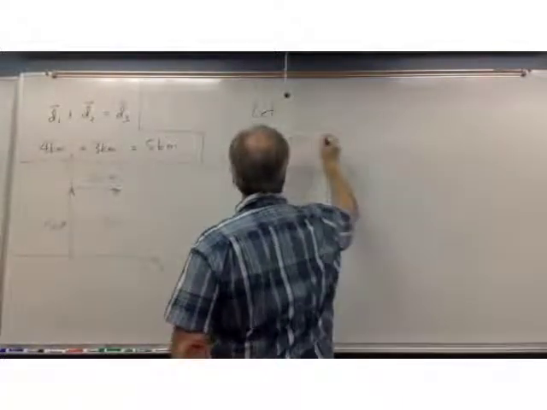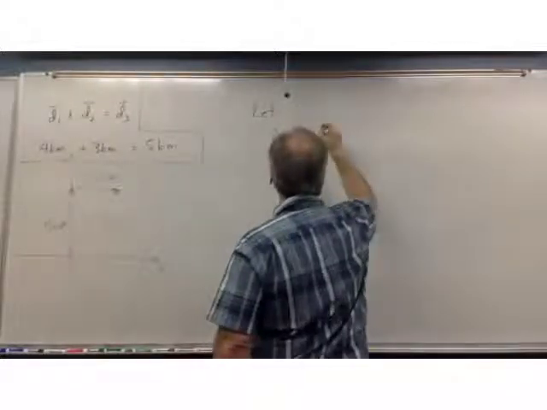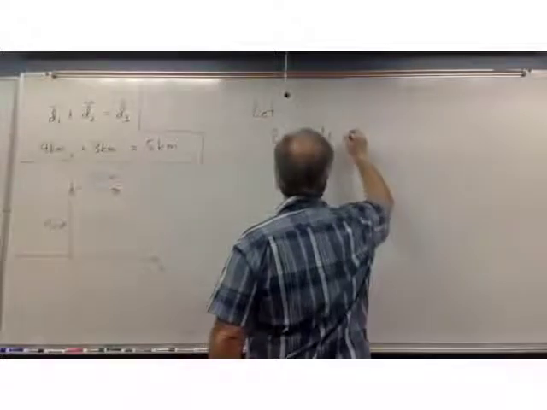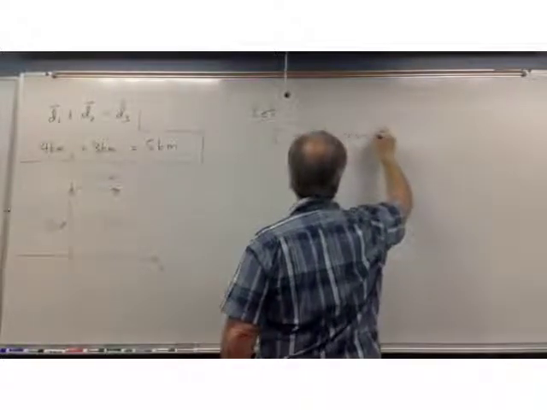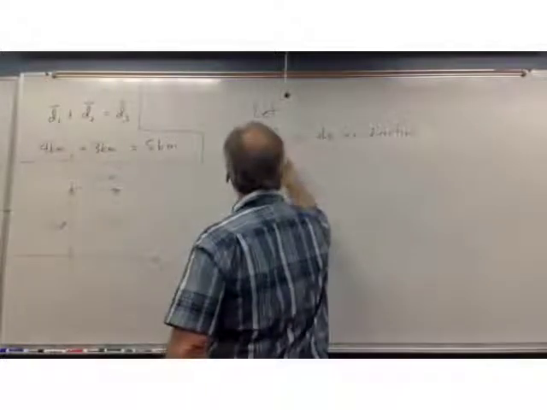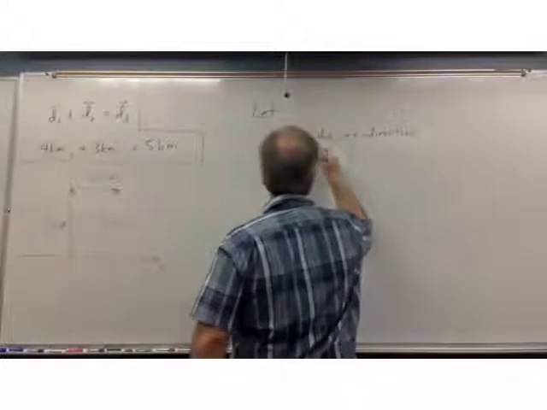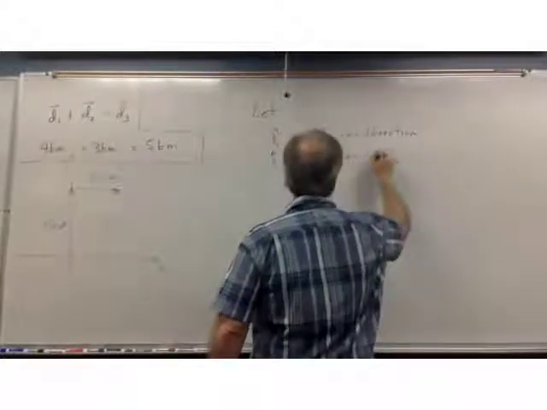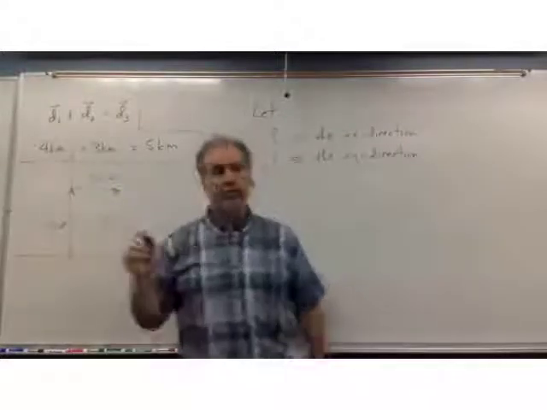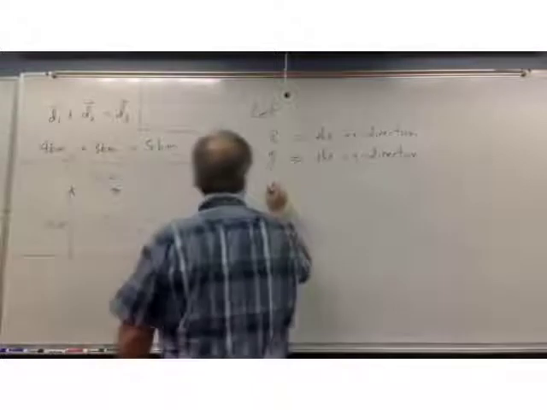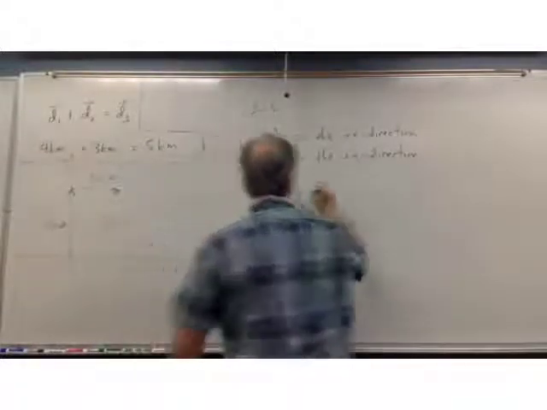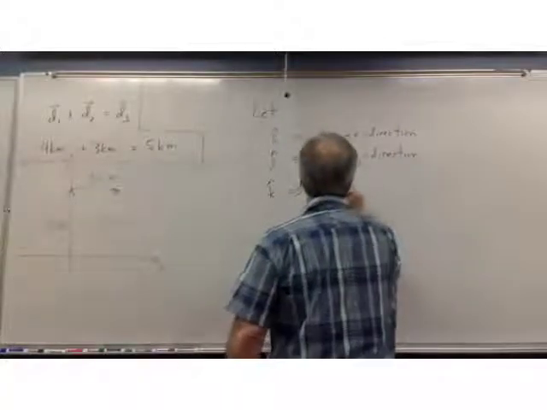So i hat indicates the positive x direction. And related to that is j hat, which implies the positive y direction. And since we're here, although we're not going to use it for a little while, I'll toss it in there, k hat, I bet you can guess already, is a symbol that indicates the positive z direction.